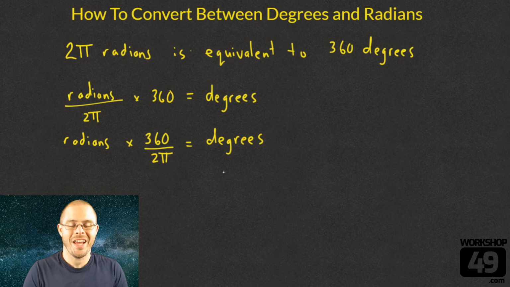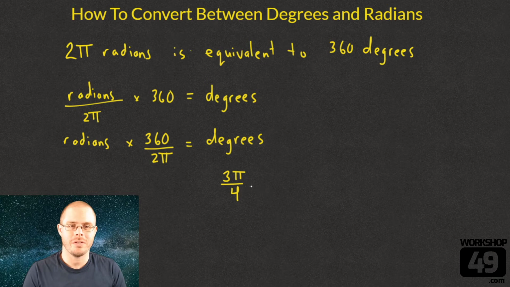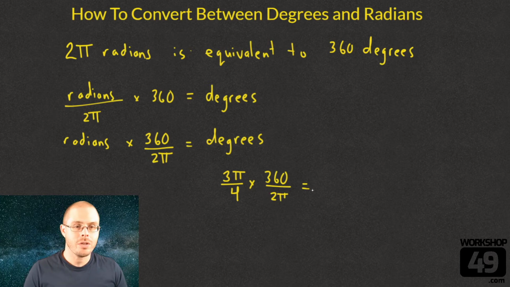I'm going to go ahead and do an example here now. Let's say we've been given 3 pi over 4 radians. This is a typical little number of radians that we could have. We want to convert it into degrees. So we'll take the 3 pi over 4 radians, multiply it by 360 over 2 pi. We have two fractions. However, the first thing that we can do is cancel out those pi's.